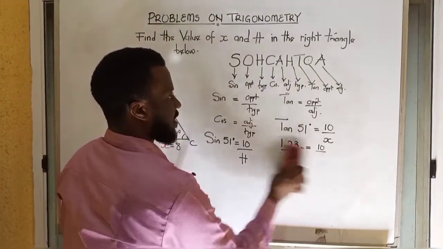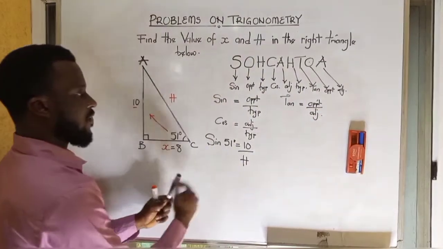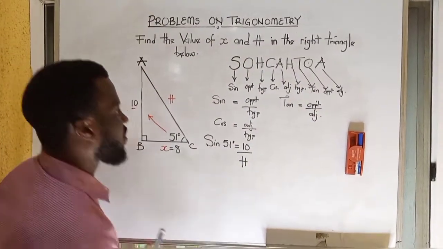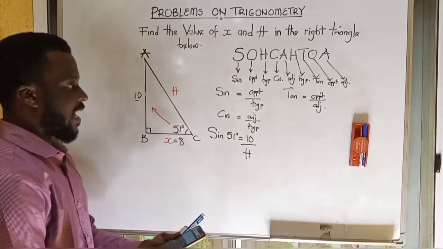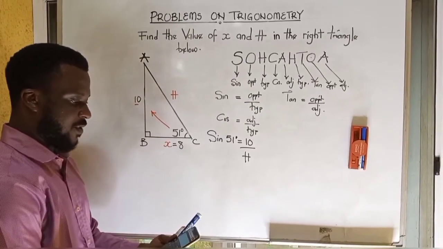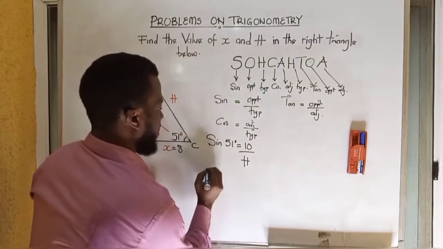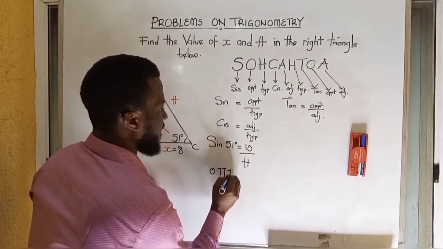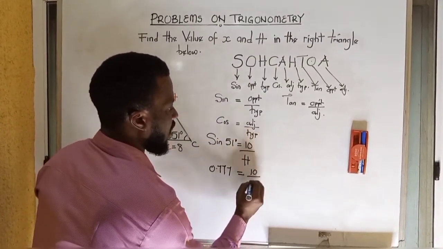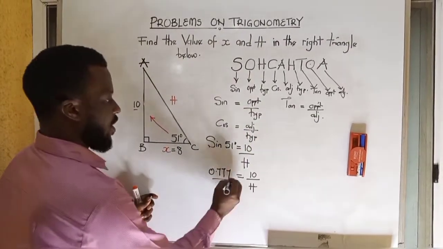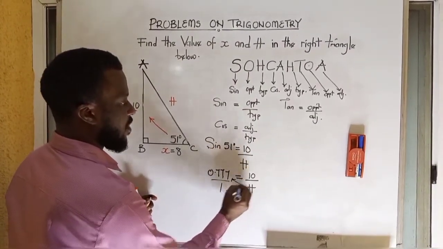To solve this, you punch your calculator and find the value of sine 51. Sine 51 gives us 0.777 equals 10 all over h. You equate both sides and you cross multiply.